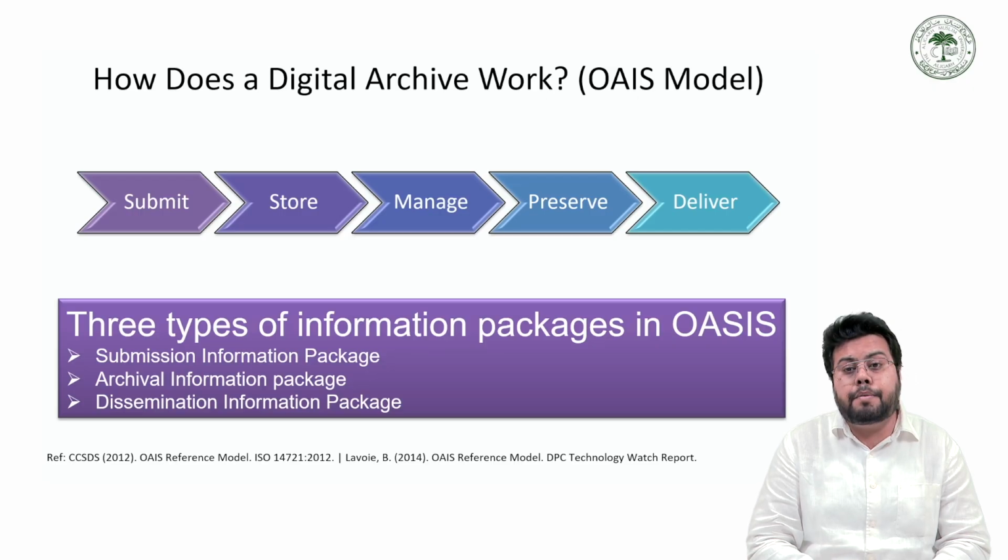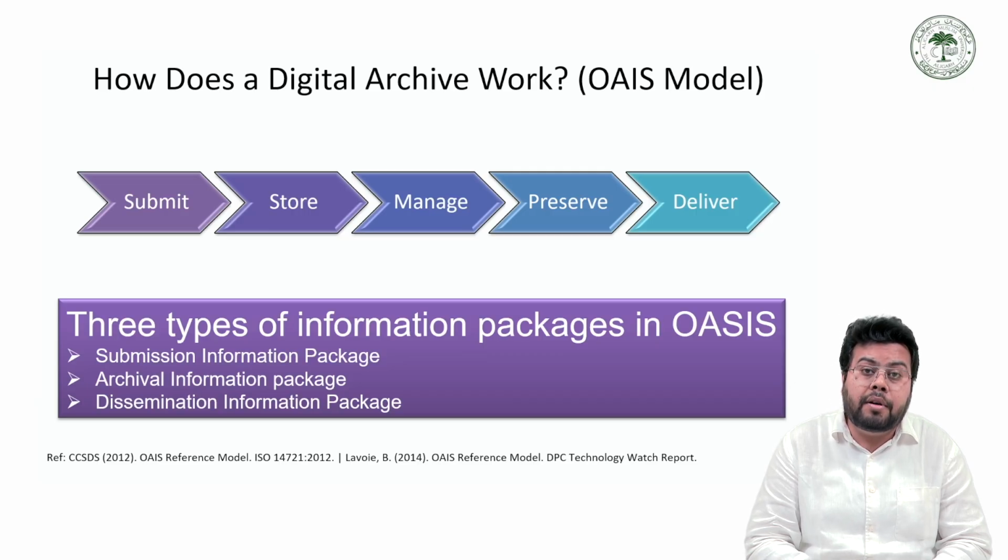It was first developed by the Consultative Committee for Space Data Systems and later adopted as the international standard ISO 14721. The OAIS model provides guidelines for how a digital archive should receive, preserve, manage, and provide access to digital information over time. Now, it is used by all major digital archives worldwide.